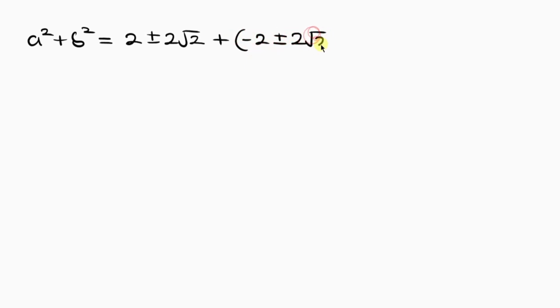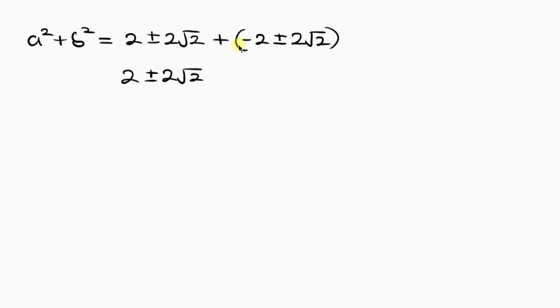So therefore a squared plus b squared will be equal to, remember, a squared is 2 plus or minus 2 root 2 plus b squared, which is negative 2 plus or minus 2 root 2. Now on removing the bracket, I'll be having 2 plus or minus 2 root 2.